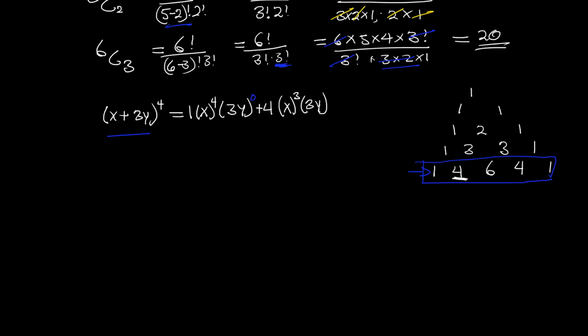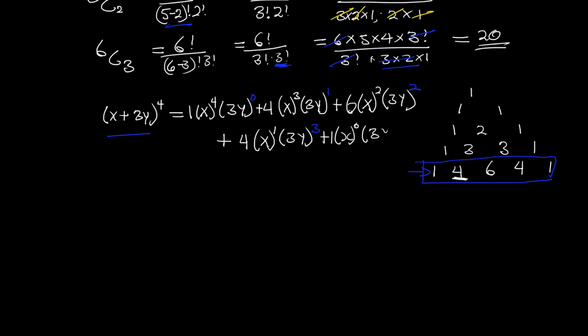Note that this is descending, and this raised to the power 1, plus the next term is 6 x raised to the power 2, 3y raised to the power 2, plus 4 x raised to the power 1, 3y raised to the power 3, plus 1, x raised to the power 0, and 3y raised to the power 4.